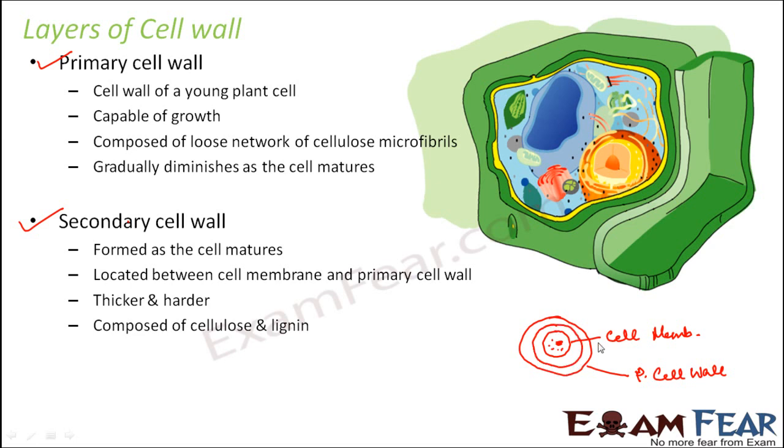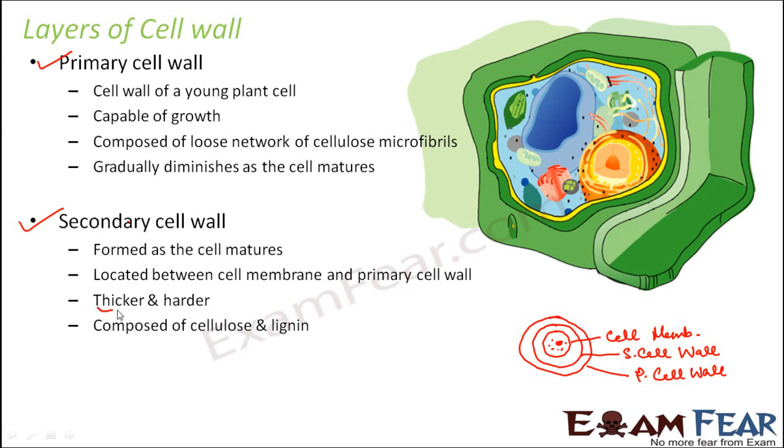That will be formed inside the primary cell wall. So this is your secondary cell wall. The thickness of the primary cell wall will gradually keep on reducing as the plant matures. So this secondary cell wall is between cell membrane and primary cell wall.